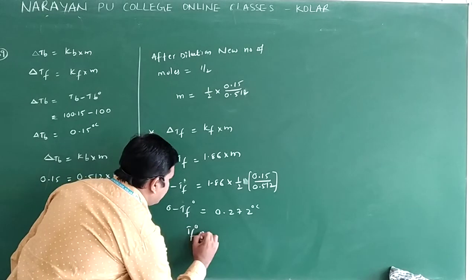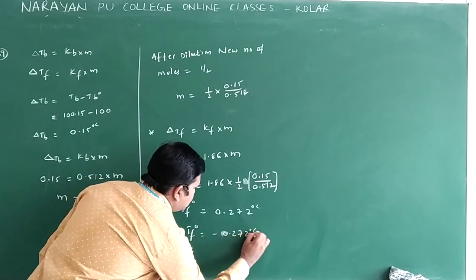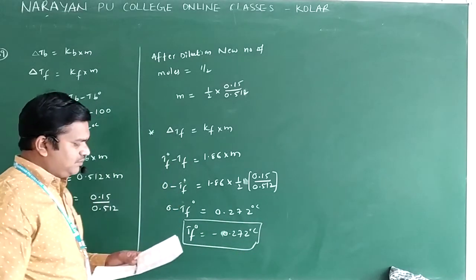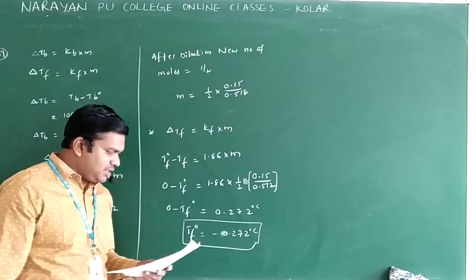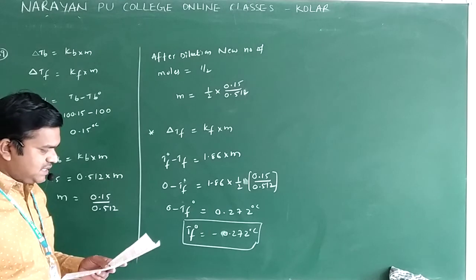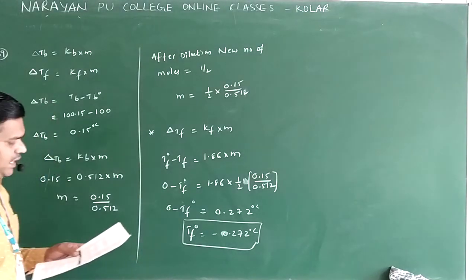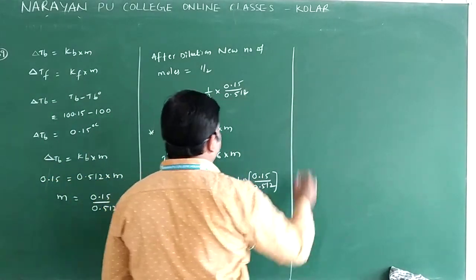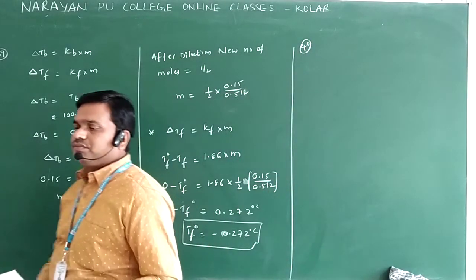You will get Tf is equal to minus 0.272 degree Celsius. So clear? They give this directly in option 3, that is minus 0.272 degree Celsius. So this is question number 39. Let us see question number 40.